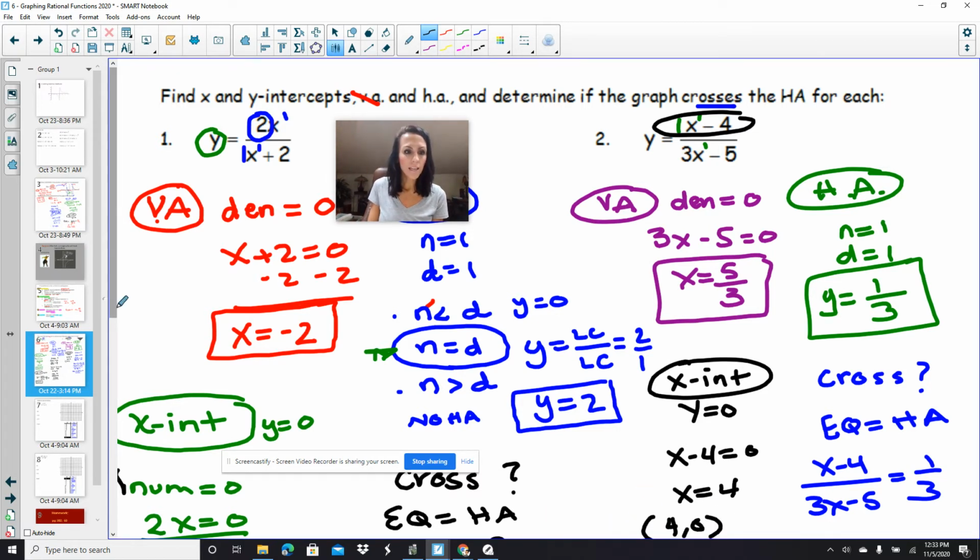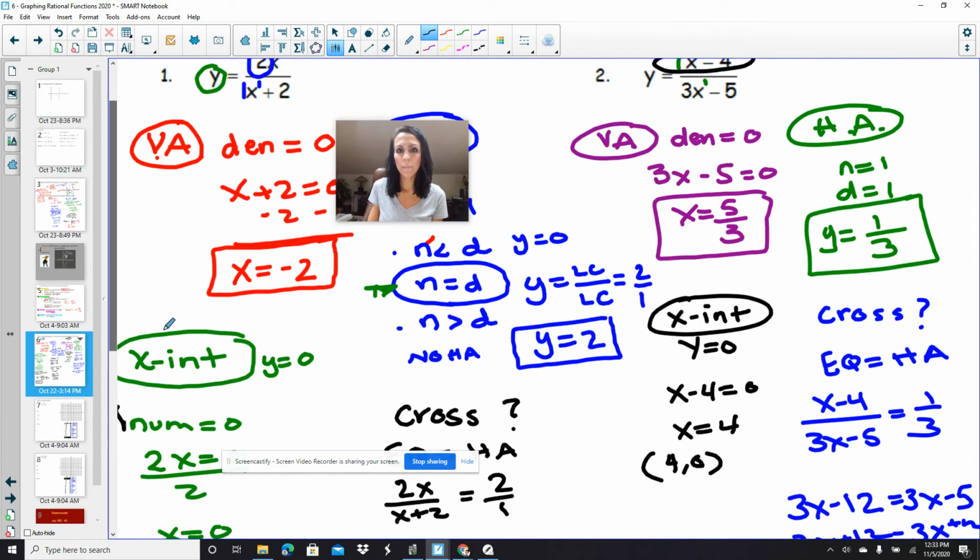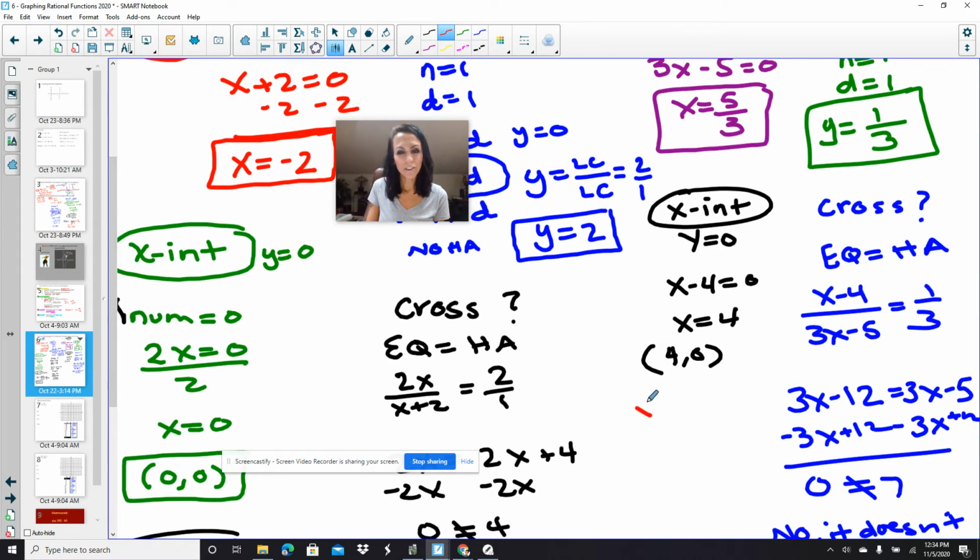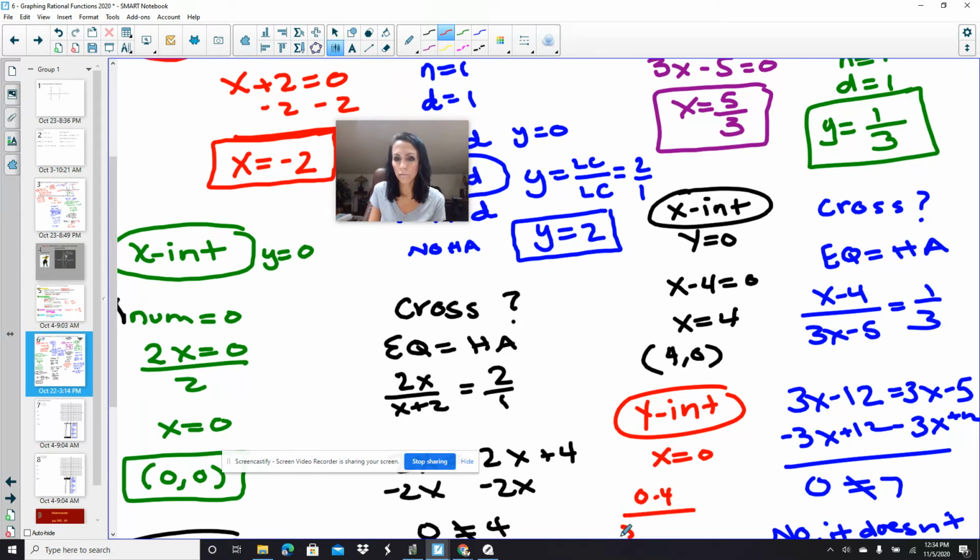And last part, y-intercept. Let's go with red here. My color choices are all over the place. For the y-intercept, we know x equals 0. So we replace x with 0 and solve for y. So 0 minus 4 over 3 times 0 minus 5.